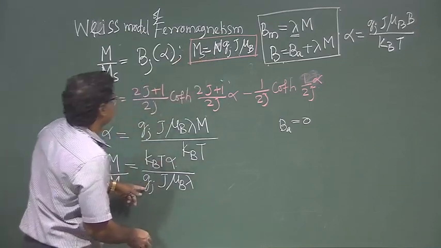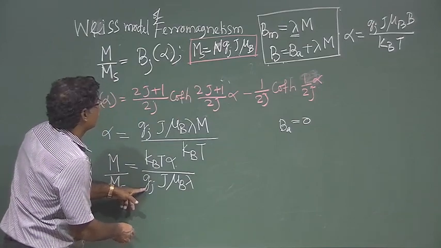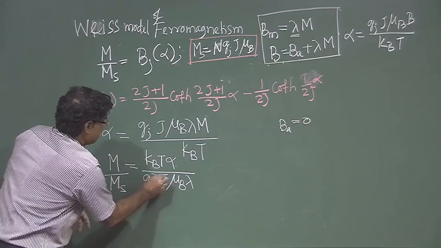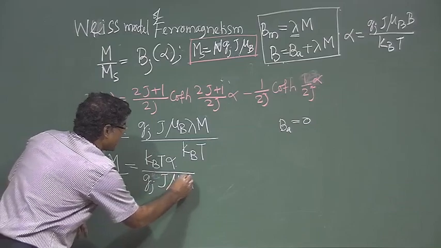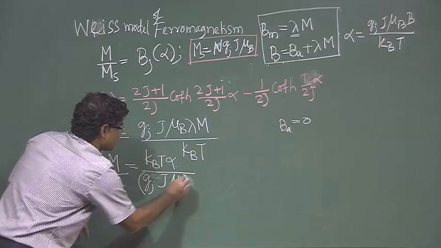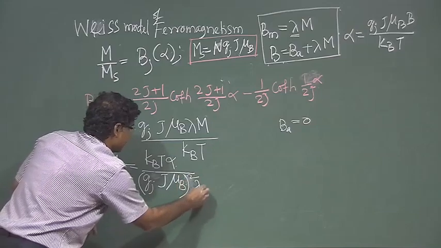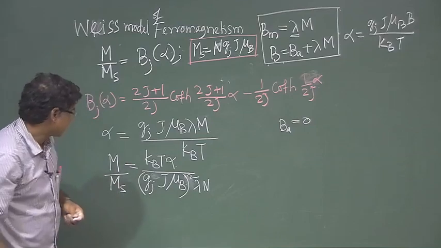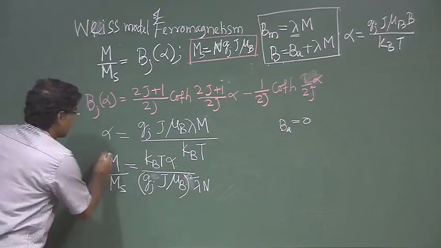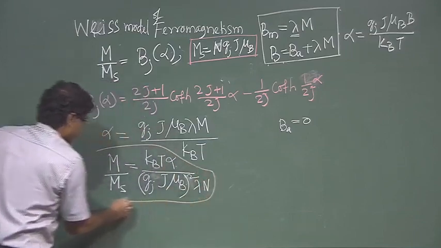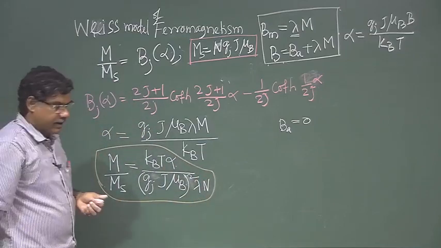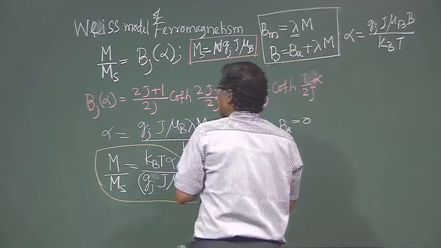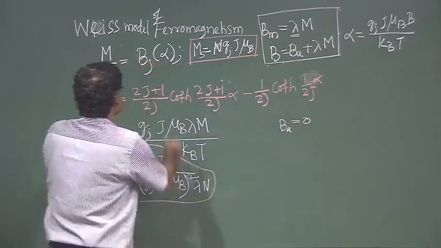So dividing by Ms, I will get g square J square, basically the square of it, lambda and then N. Okay. So this is one expression we got, whereas Bj is this, okay.